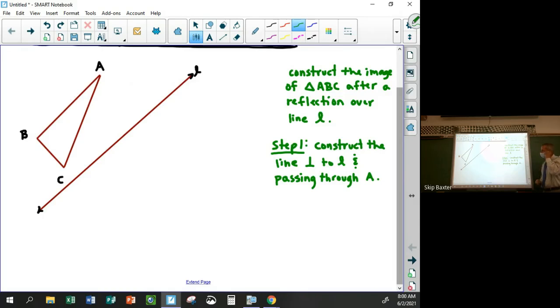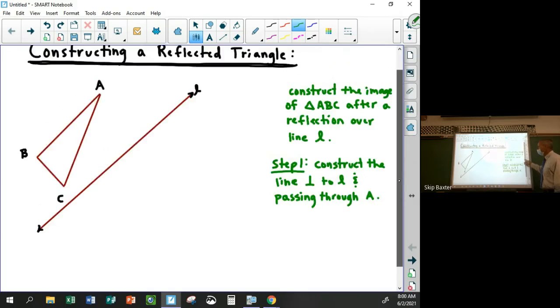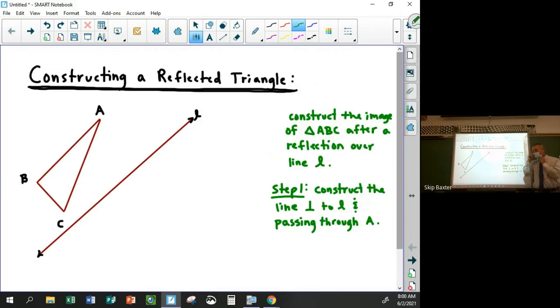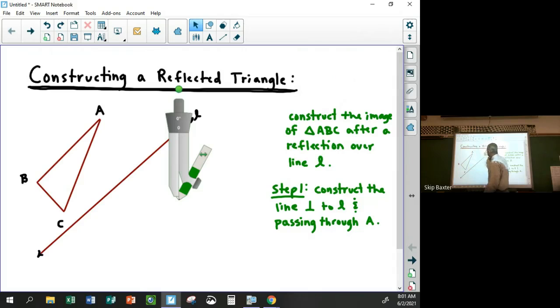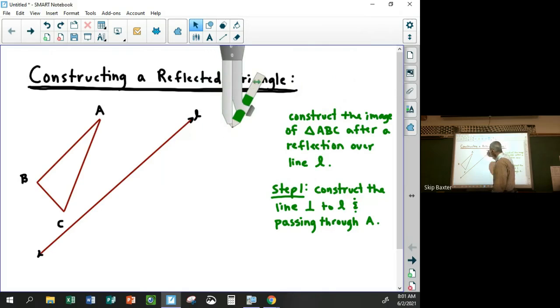You've got to remember how that construction works. It wasn't one of the basic constructions, but it was one of the constructions we talked about when we talked about parallel and perpendicular lines. That construction goes like this. The first step is to create a line segment down here on line L where A is directly above the midpoint.